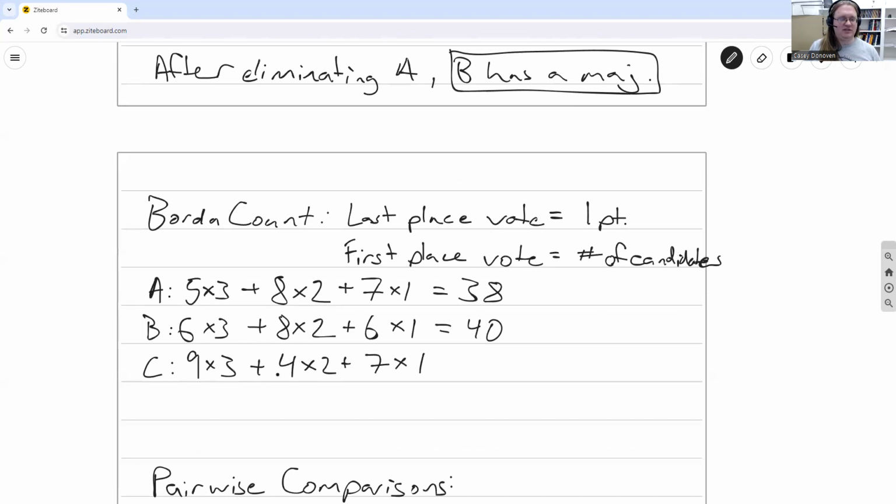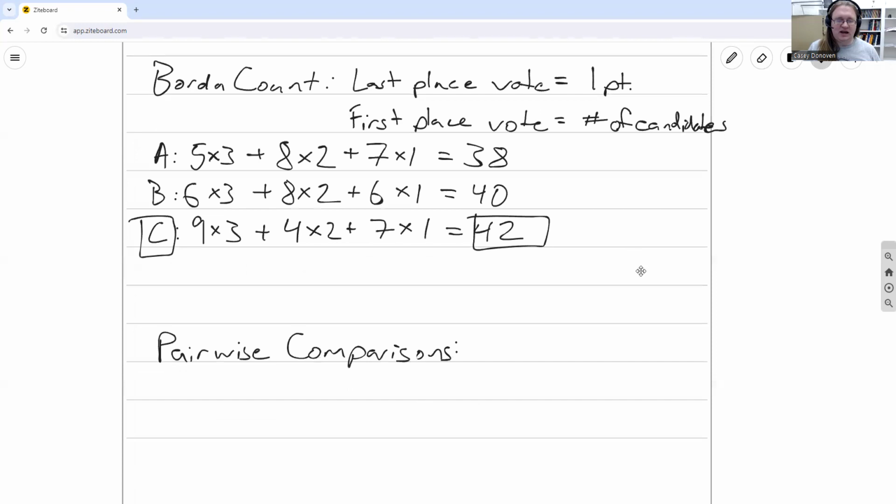This is 27, plus another 8 is 35, plus another 7 is 42. So each vote is worth a certain number of points. We just count how many votes they got in each place times the correct number of points, and we see that C will win the election with the most points.